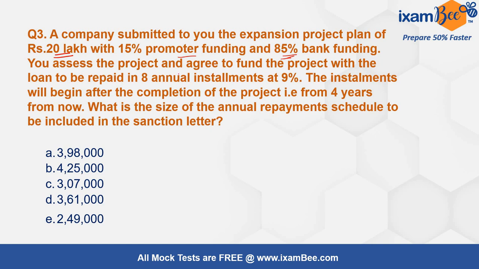So you have assessed the loan and the project, and agree to fund the project with the loan to be repaid in 8 annual installments. You said, I can give you the loan, you have to repay it in 8 equal installments, and the interest rate charged will be 9%.